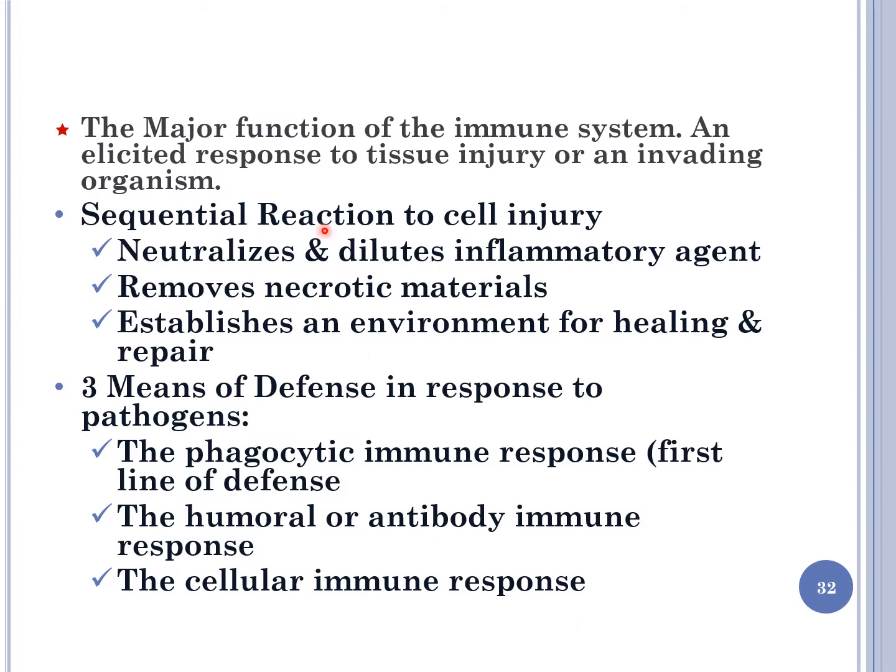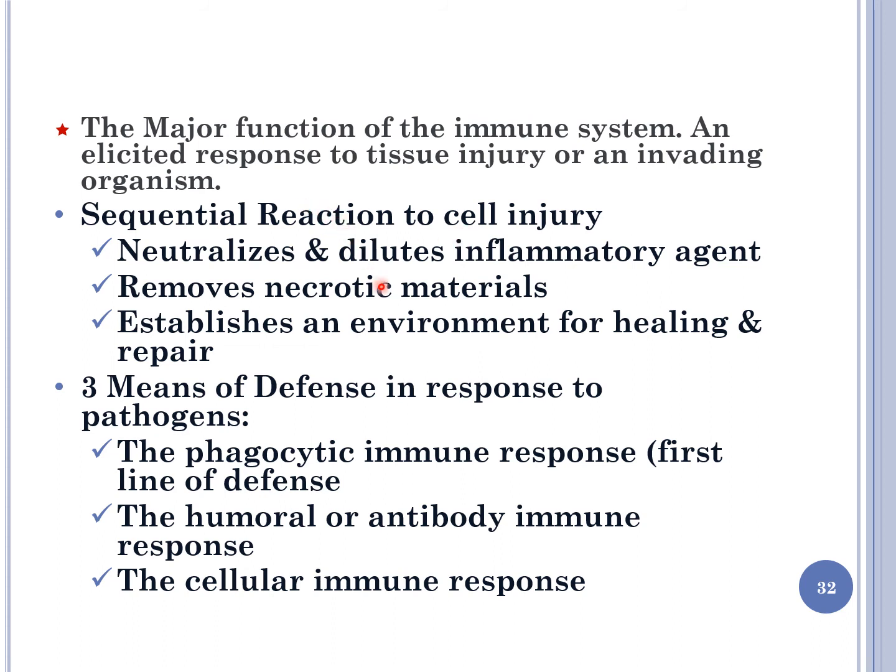All right, so major function of the immune system here is basically to keep away pathogens and any microorganisms, right? That's the main thing that's supposed to be going on. You have what is known as an inflammatory response. So this is primarily what we're going to be talking about now, right?